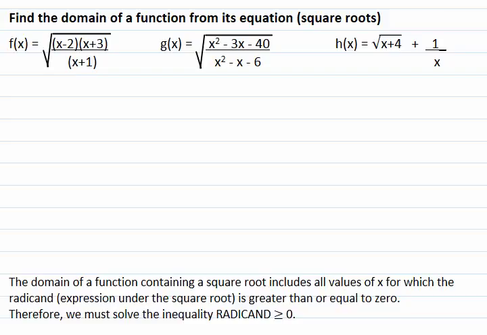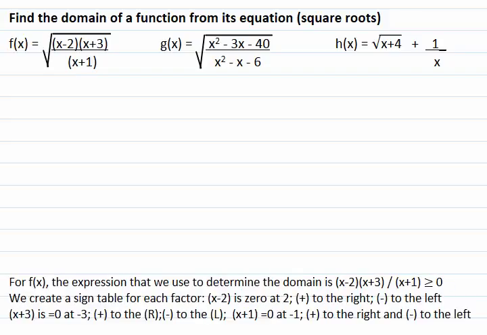Therefore, we must solve the inequality radicand greater than or equal to 0. For f of x, this expression is (x minus 2)(x plus 3) over (x plus 1) greater than or equal to 0. And to solve this inequality, we need to create the sign table.